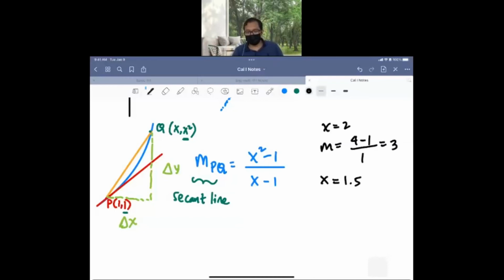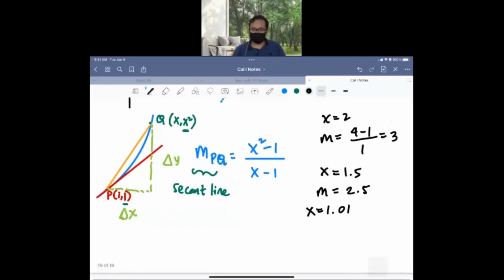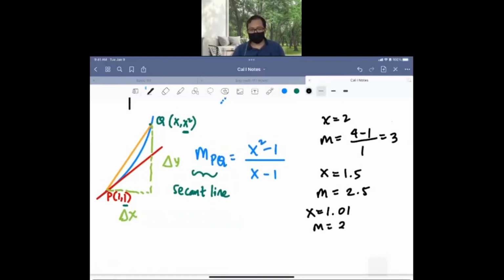Calculating m gives 2.5. Do the same thing, lowering the number but not equaling 1, almost 1. When x equals 1.01, m will be around 2.01 something.